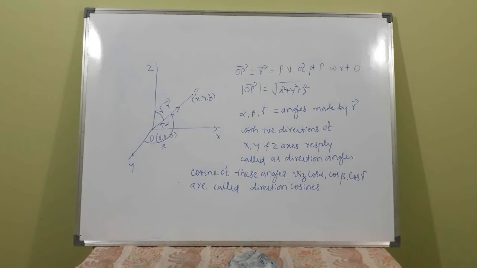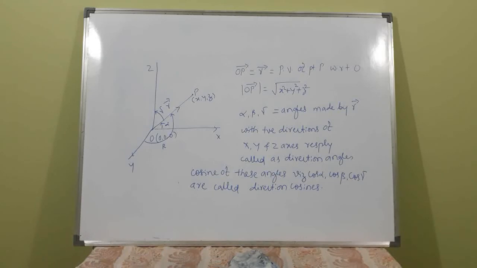Suppose P is a point in 3-dimensional space, then vector OP, whose initial point is at the origin and terminal point is at P with coordinates x, y, z.